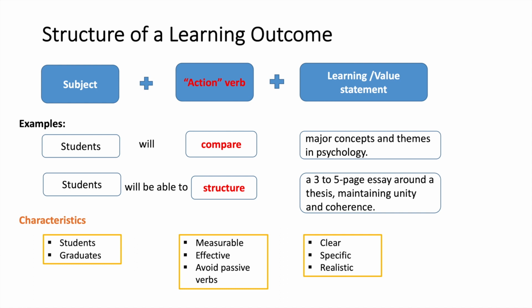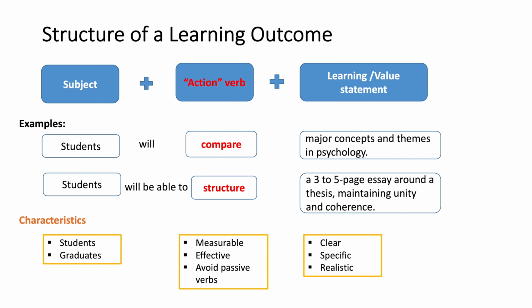Examples of action verbs that are not measurable are like appreciate or think critically. Here, effective means that the action verb targets the desired level of performance. Do not use passive verbs in the learning outcome. The last part is the learning value statement, which has to be clear, specific, and realistic.